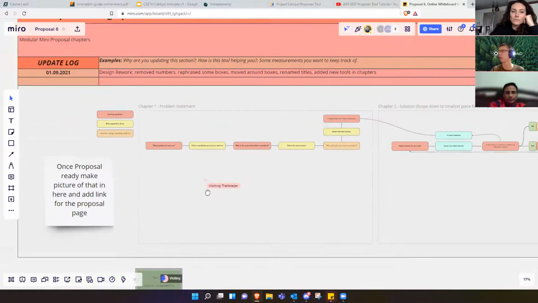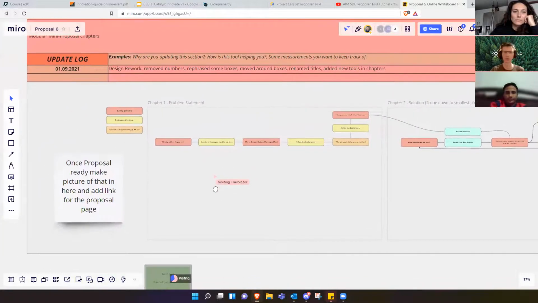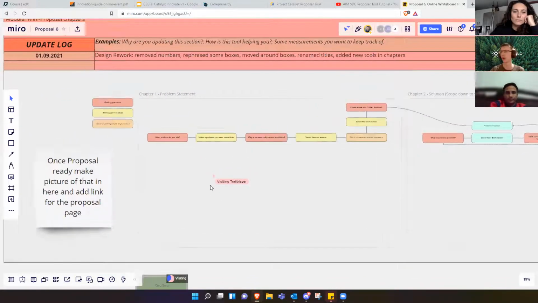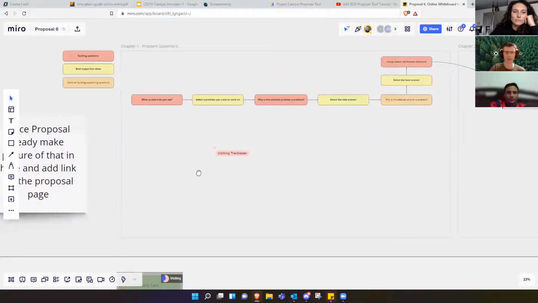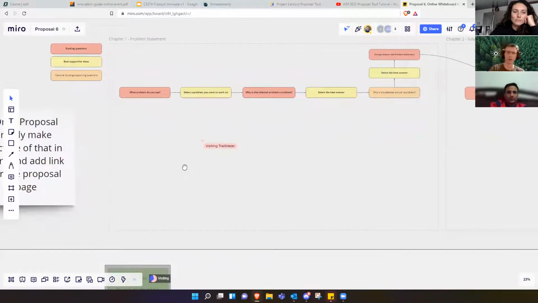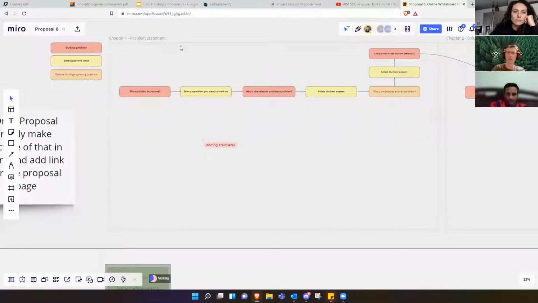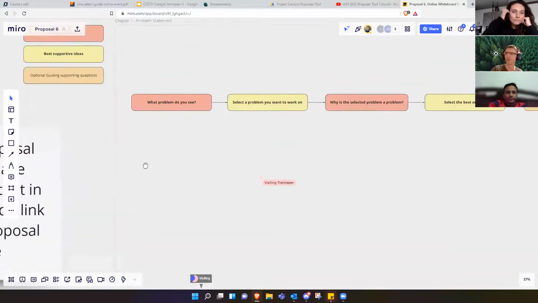If there are no further questions, I can show you how it works, and maybe that gives some more clarification of how this can be used effectively for your ideas too. So the first question is, Dana, if I assume you have a proposal idea, what is the problem or problem statement you currently have?